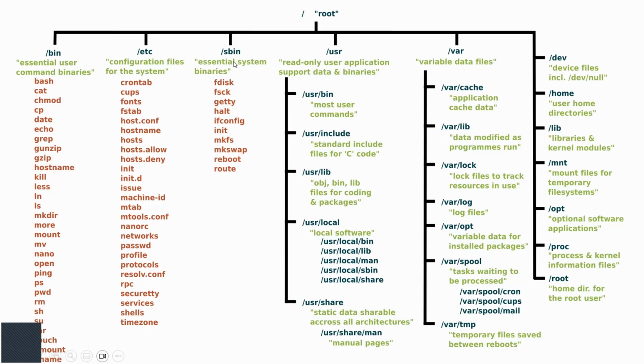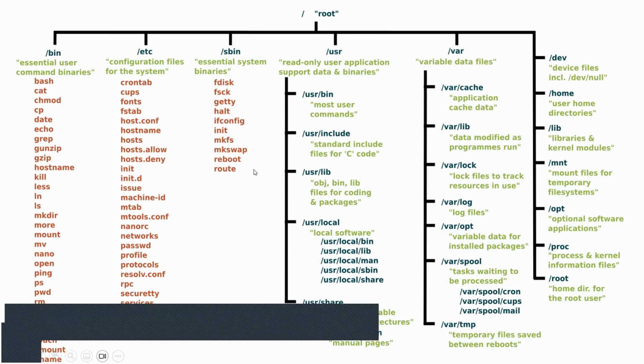So talking about sbin, it contains system binaries for administrative tasks, like we have fdisk, we have reboot, we have ifconfig, typically root only directory. So talking about slash usr, which is massive, it stores user applications, libraries that we have, and the documentation as well.